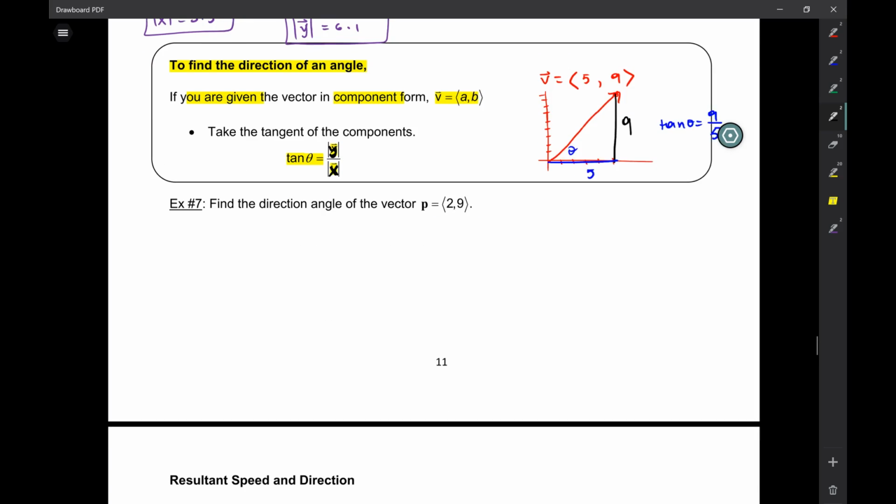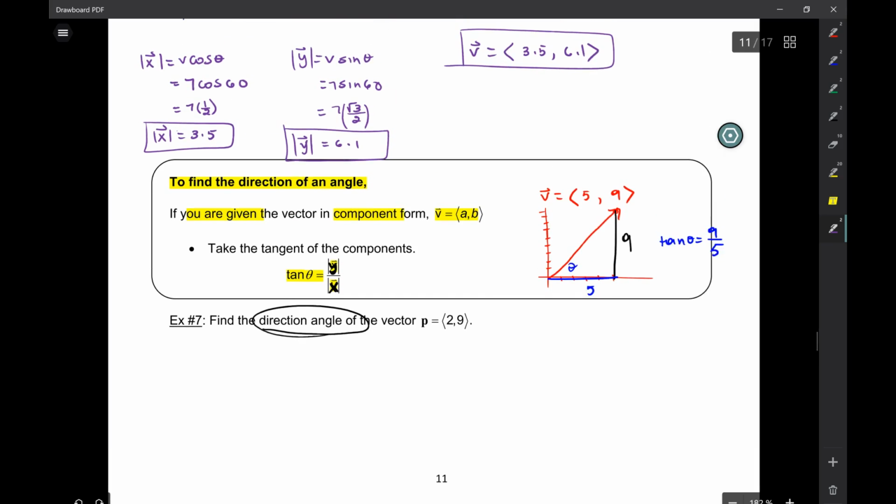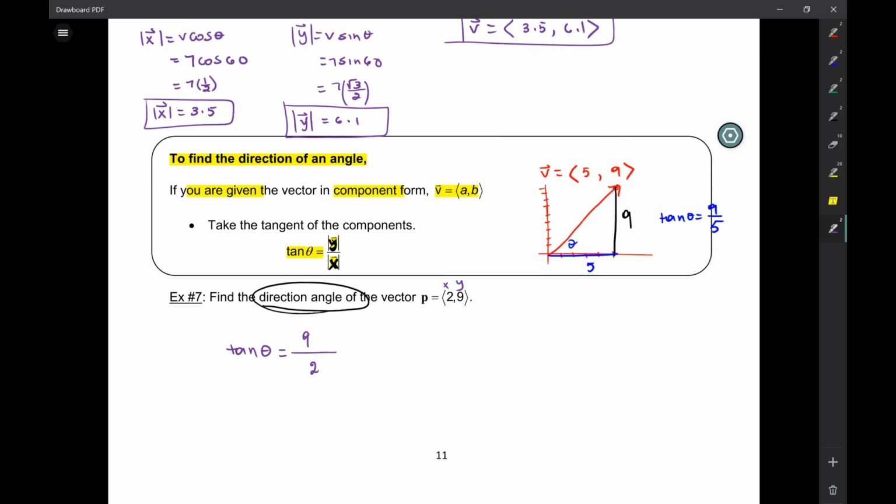All right. So here it says find the direction angle. For the direction angle, it's always tangent of theta equal to the y over the x. So 9 over 2. And now if that's tangent of theta, how do I find theta? What do I do? Inverse tangent. Good.